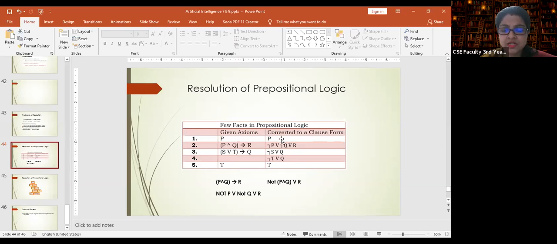We can convert them into clause form. P we can directly write as P. The clause of P and Q implies R can be this.